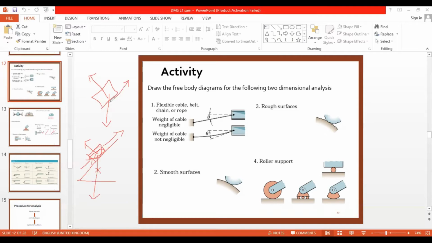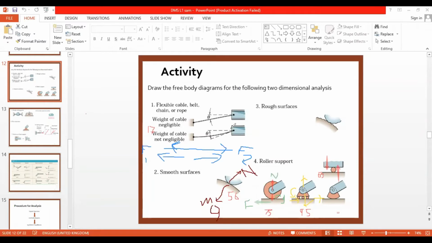So this is the frictional force, this is the mass or weight, and this is the normal reaction. This is what is called the free body diagram. We take that particular object outside and denote only the forces available on that object. We call it a free body diagram.